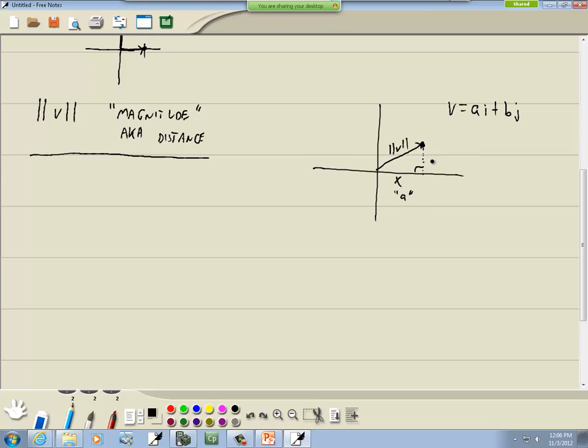This one's our y values, which happens to correspond with our b's. So to find our magnitude, we're going to take the square root of a squared plus b squared. That's just based upon the Pythagorean theorem. If I had the magnitude squared equals a squared plus b squared, drop the squared, and we put a square root around the other side, that's how we derive our formula. So that's what we're going to use for these problems.